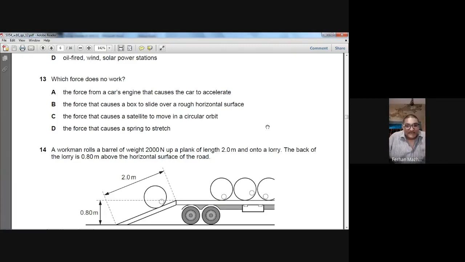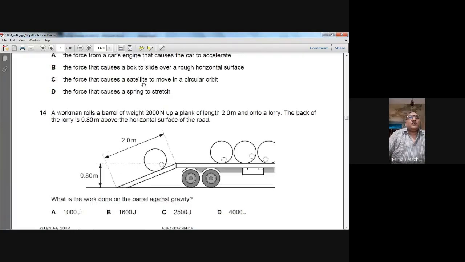Because the force which is moving the satellite around the Earth is towards the center of the Earth, but the satellite is moving in the tangential direction. So that's why the angle between the force and the motion is 90 degrees. That's why the work done is 0. So C is the choice. Question number 13, C is the choice.